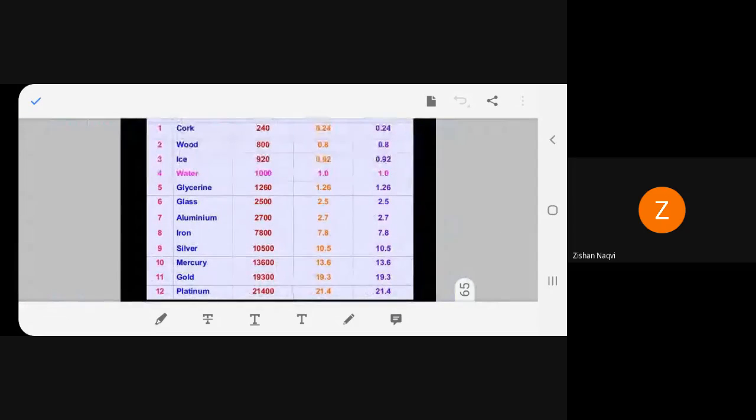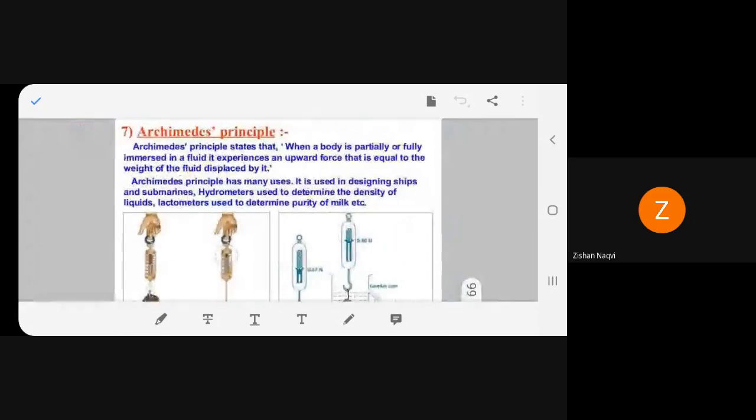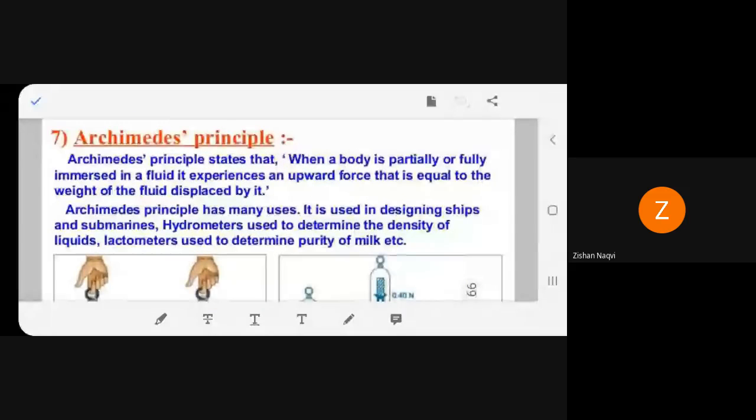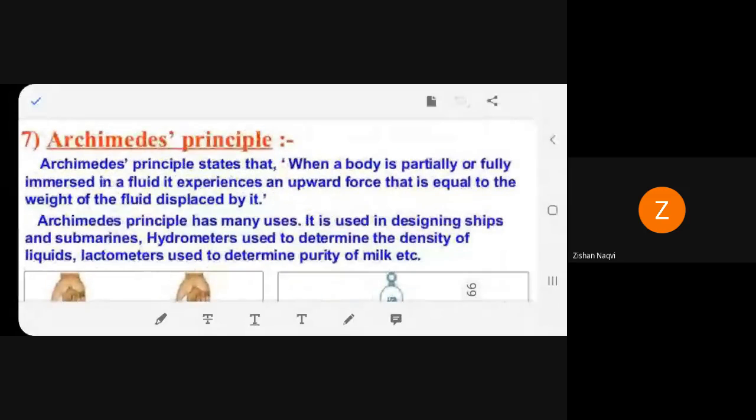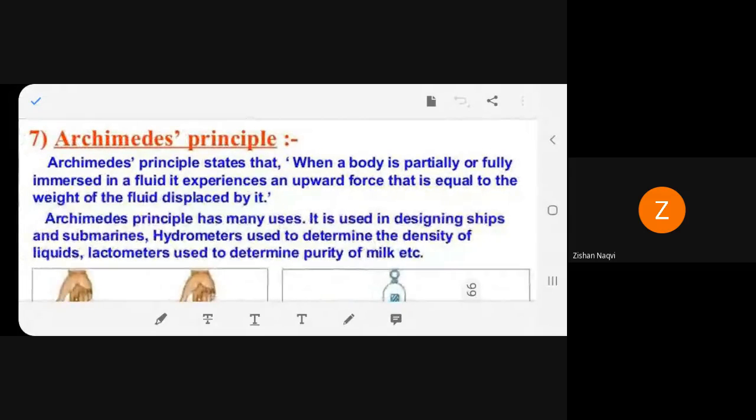So just for your information, I had taken the chart. Archimedes' principle states that when a body is partially or fully immersed in a fluid, it experiences an upward force that is equal to the weight of the fluid displaced by it.